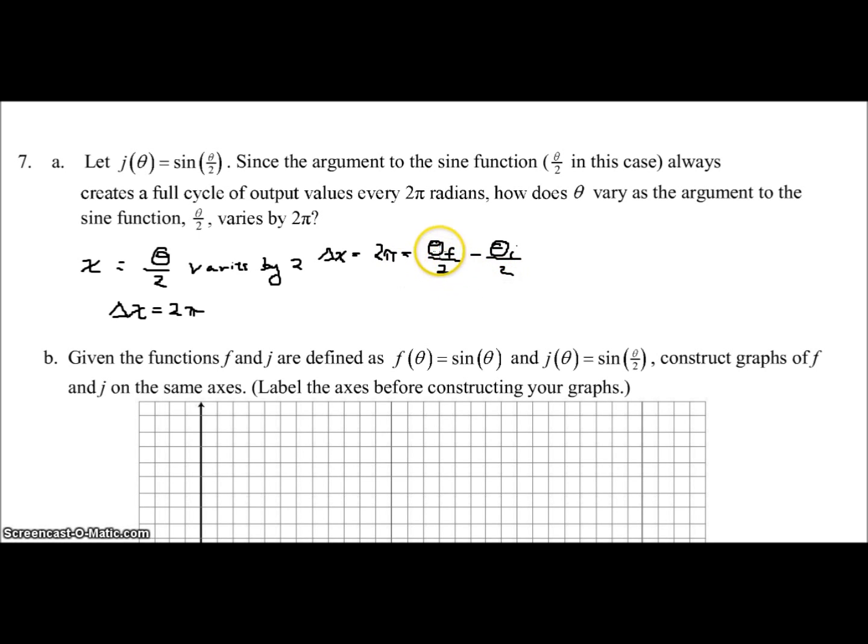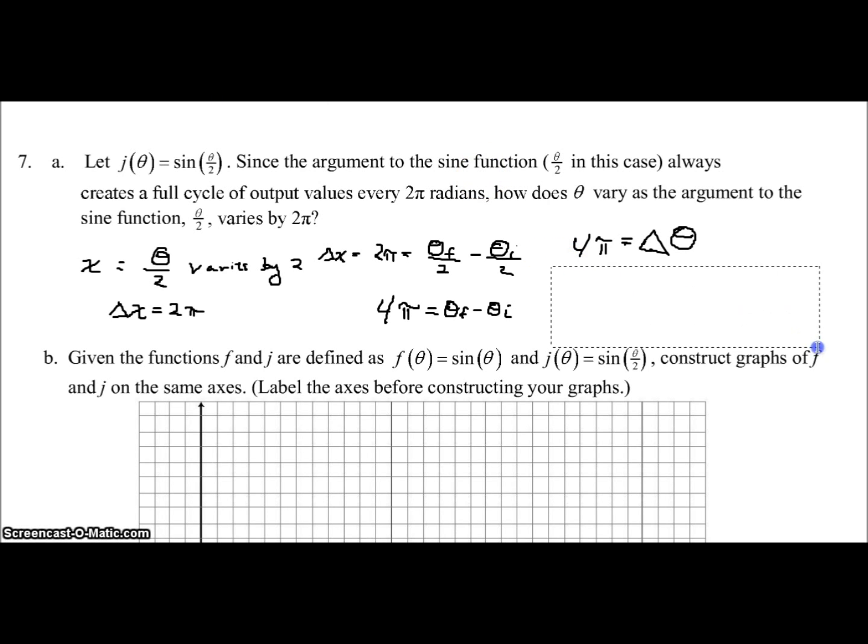Or notice if we multiply each side by 2 here, we'll get 4 pi equals theta final minus theta initial, or 4 pi equals the change in theta.